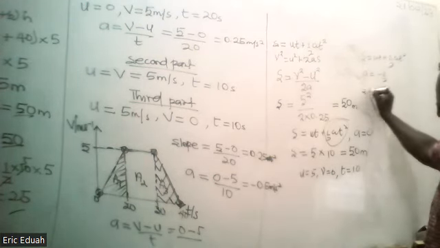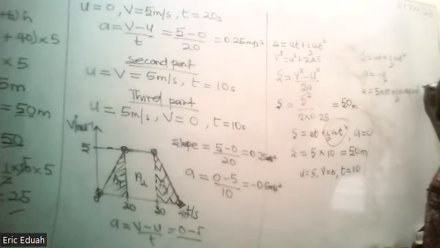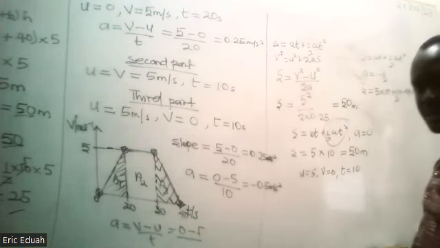So s is equal to u, 5, the time is 10, plus half, by the acceleration, which is also minus 0.5. So the minus 0.5 is the deceleration. Exactly.